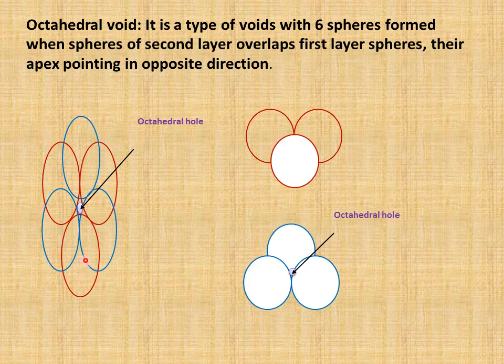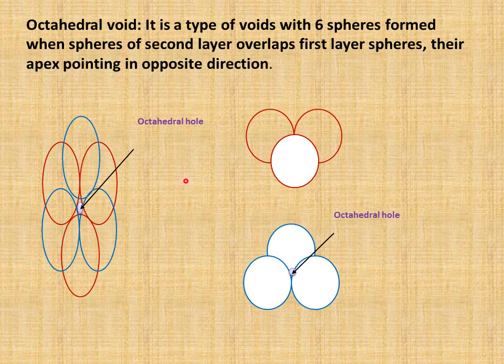This is obtained by placing the second layer over the first. By such an arrangement, you obtain an octahedral void or octahedral hole. Why is it called an octahedral hole? Because when you join the centers of the spheres, you get an octahedron, a geometrical figure.